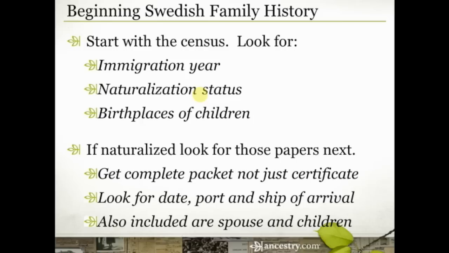Now, prior to 1922, only adult males had to naturalize or were naturalized. If a head of household naturalized, his spouse and children automatically derived citizenship. So women could naturalize, but if they were married and their husband became a U.S. citizen, they didn't need to.